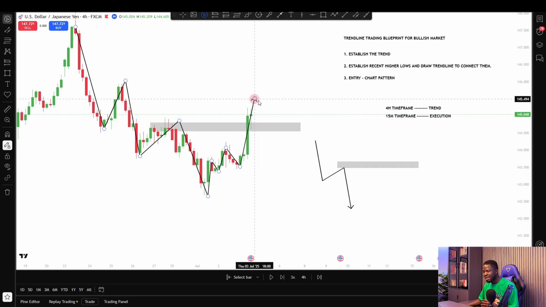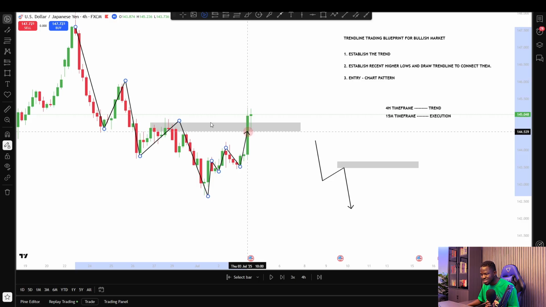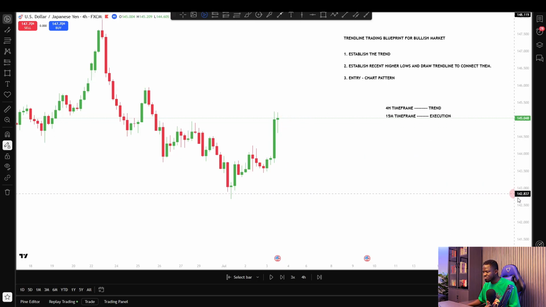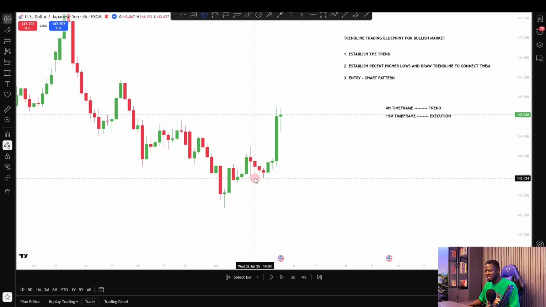A situation whereby the candlestick invalidates the last lower high is a sign that the buyers are now back in the game to keep on buying the price action to the upper side. The current market condition right now is bullish. The buyers are the ones in charge of the market.